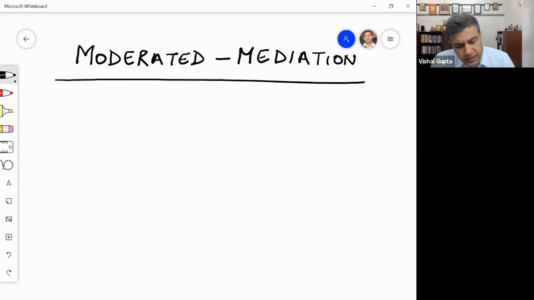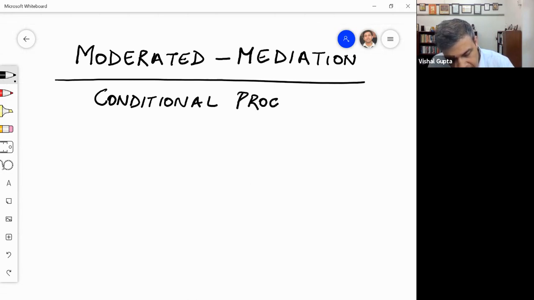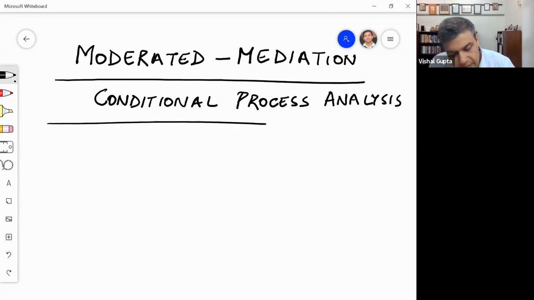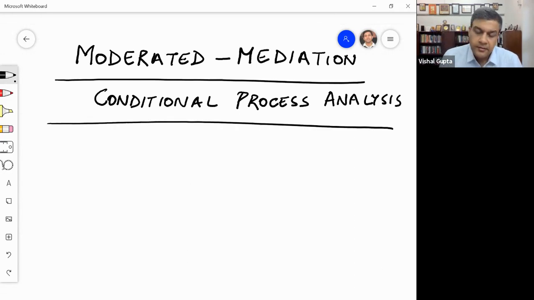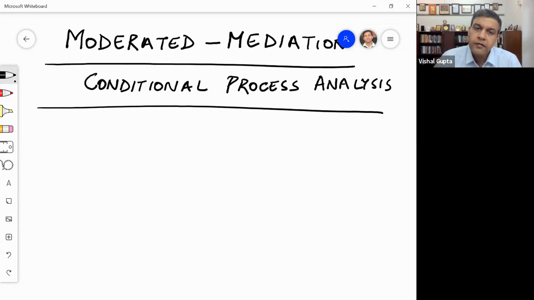This is also called conditional process analysis. Now, if you have understood mediation and moderation, you would be able to understand what we are talking about here. We are talking about process analysis.